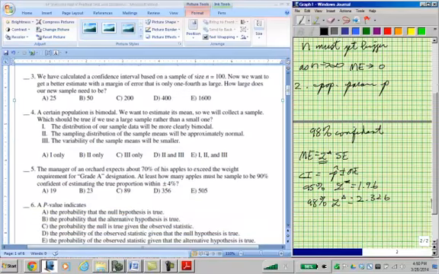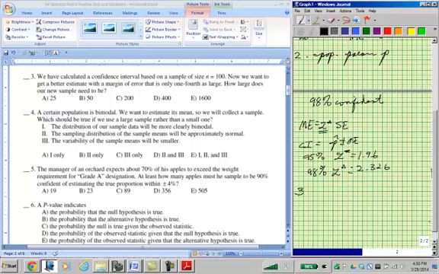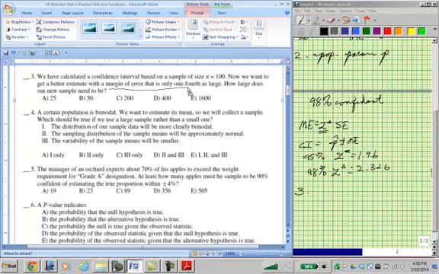Okay, number 3. We have a confidence interval based on a sample size of n equals 100. We want to reduce the margin of error to only 1/4 as large. Okay, now here's the rule.